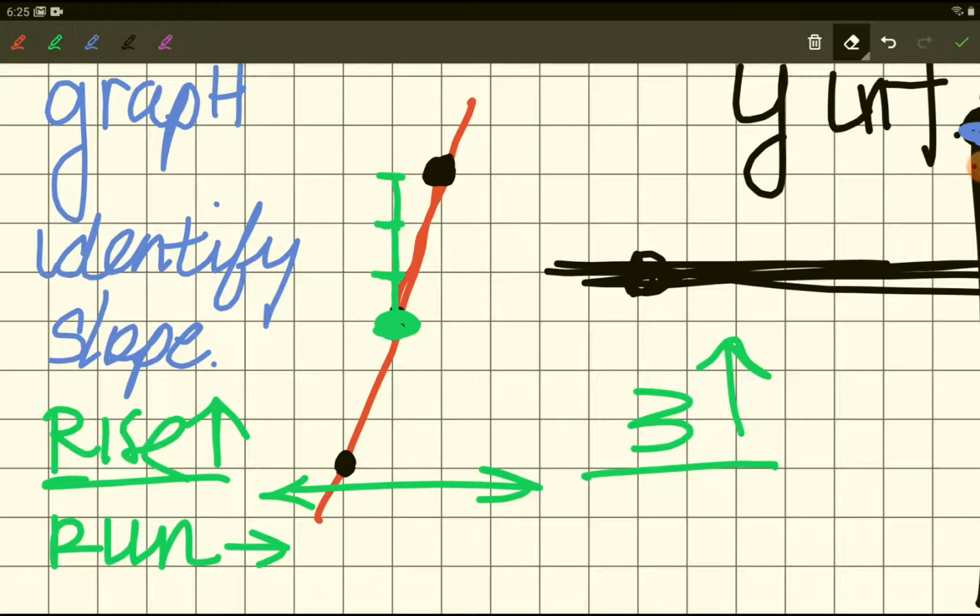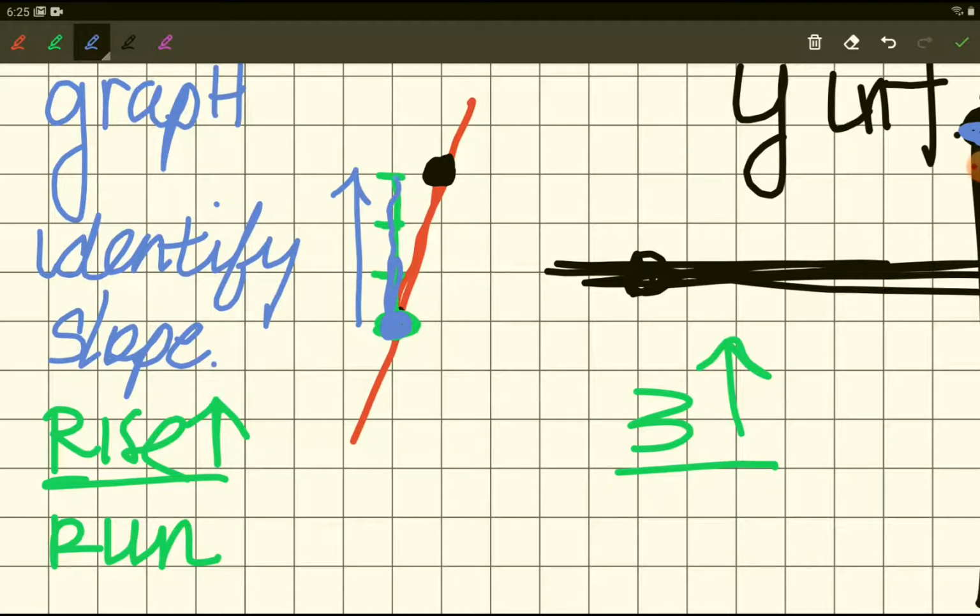Let me actually do rise over run, and so I've gone up 3. So this is the original point, right? So 1, 2, 3. Then I have to go right just 1. Right 1. Up 3, right 1.